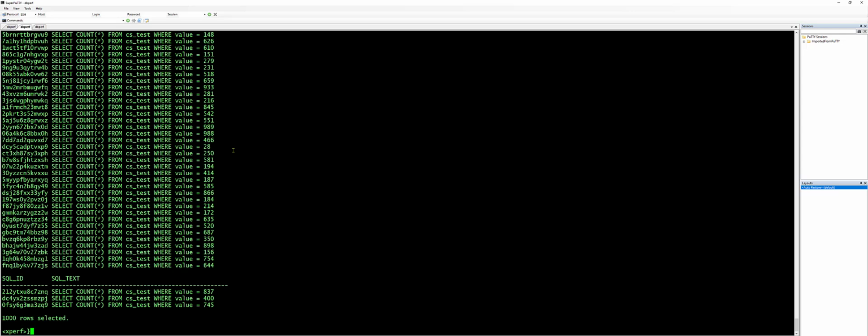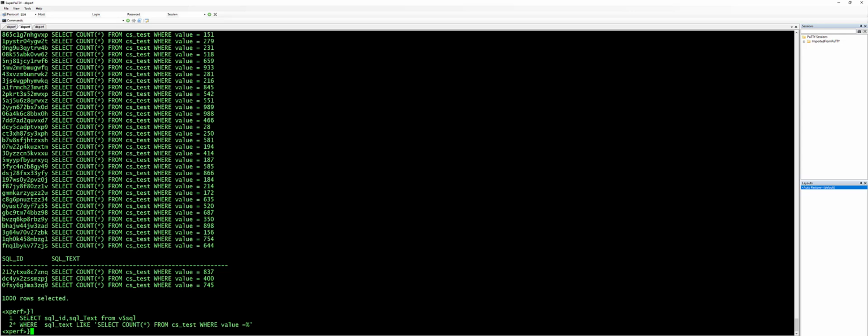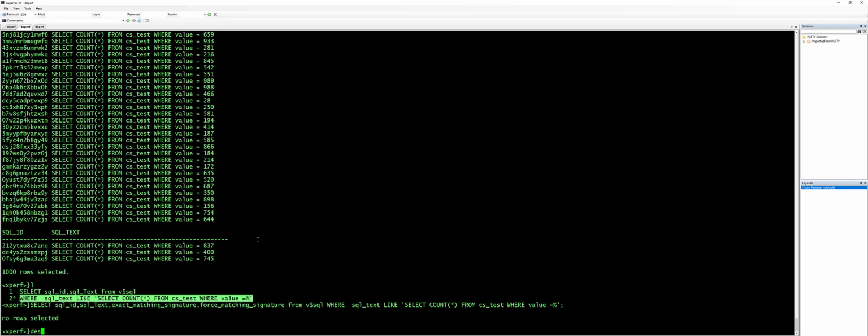If you see in V$SQL, there is an exact matching signature and a force matching signature. These values determine how Oracle can share the SQL statements which are executed on the database.